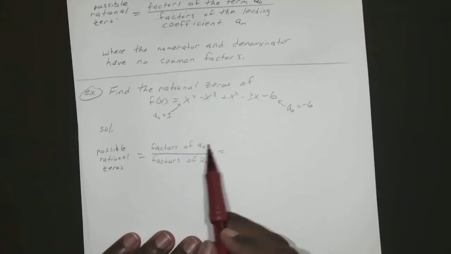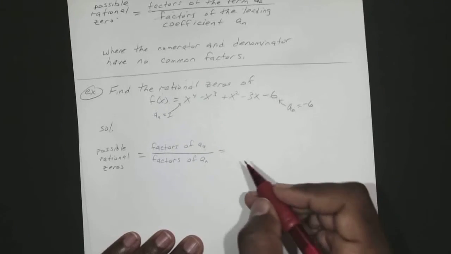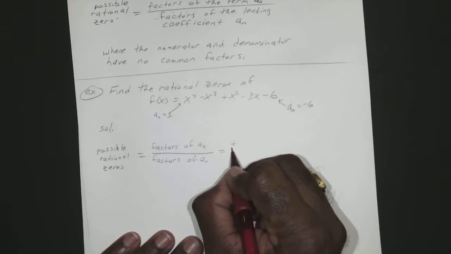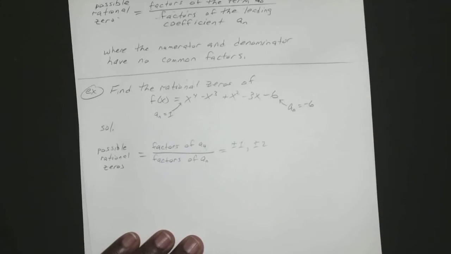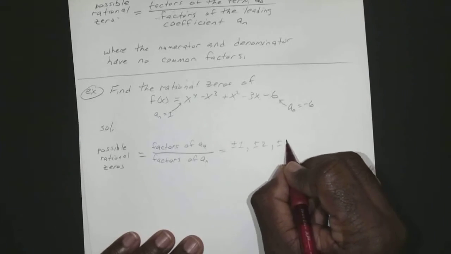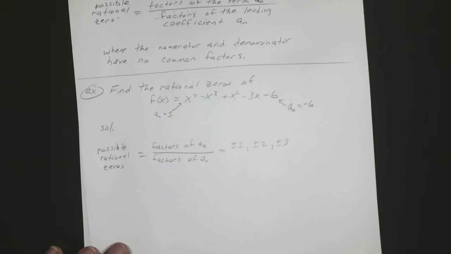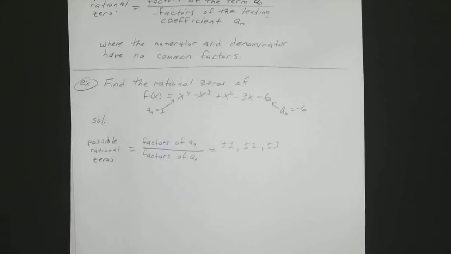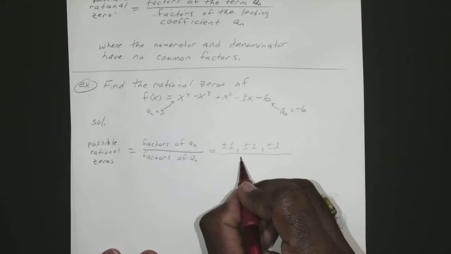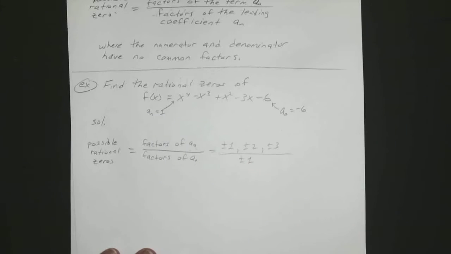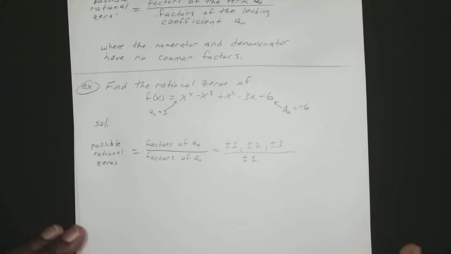The factors of -6 are positive or negative 1, positive or negative 2, and positive or negative 3. All of those go into 6. Your possible factors of 1 is really just positive or negative 1. Whenever you have positive or negative 1 in the denominator, you can get rid of it.